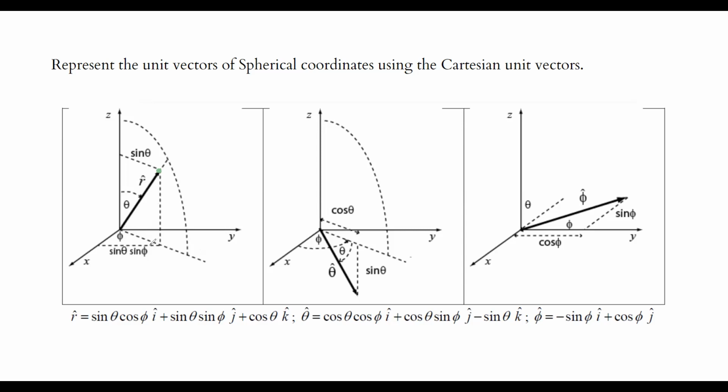So we take the projection onto the xy plane. So the projection will be of magnitude r sine theta, right? So since we are considering unit vectors, we are only going to consider the magnitude as 1.